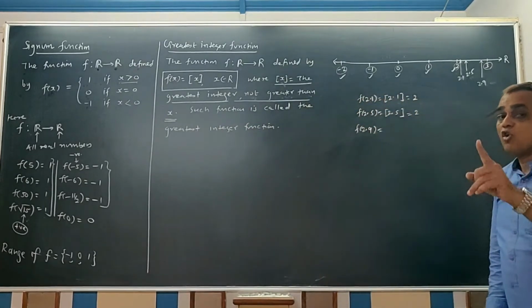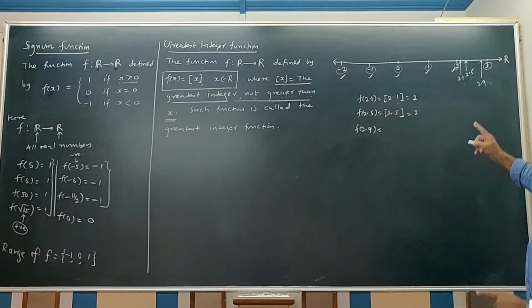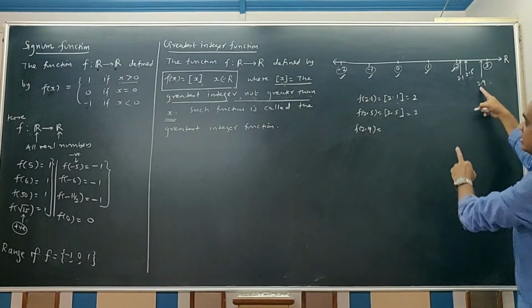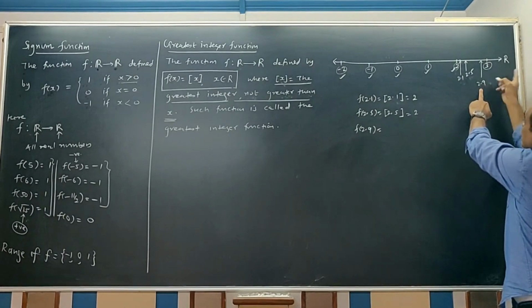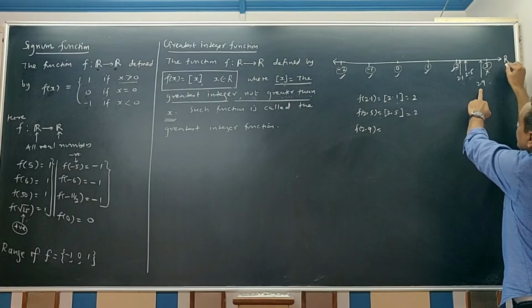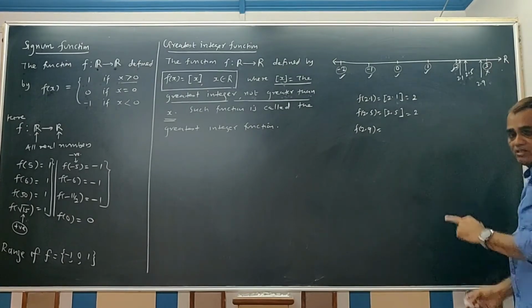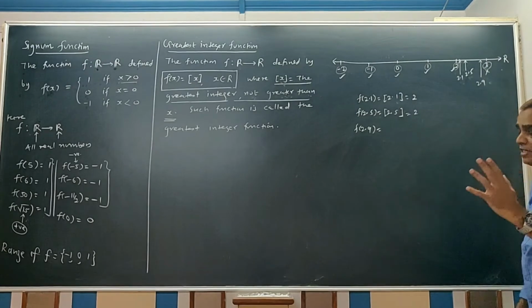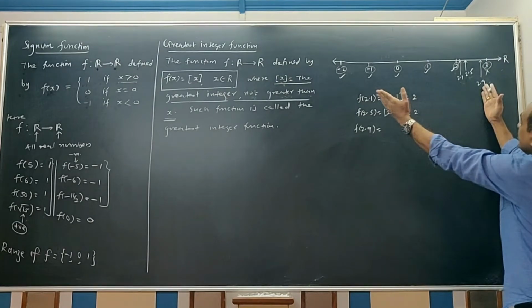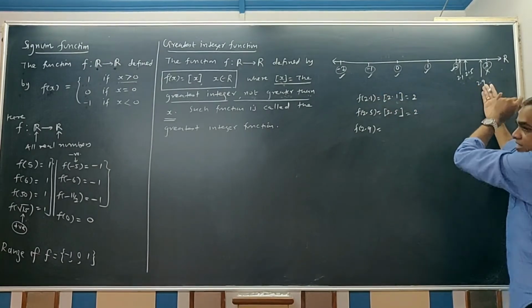Integer not greater than 2.9 means don't take 3, don't take 4, don't take 5, don't take integers which are on the right side. So observe the integers which are on the left side or even the number itself.